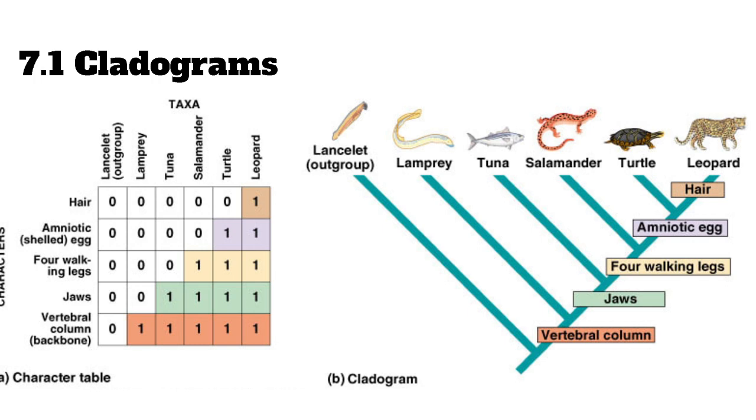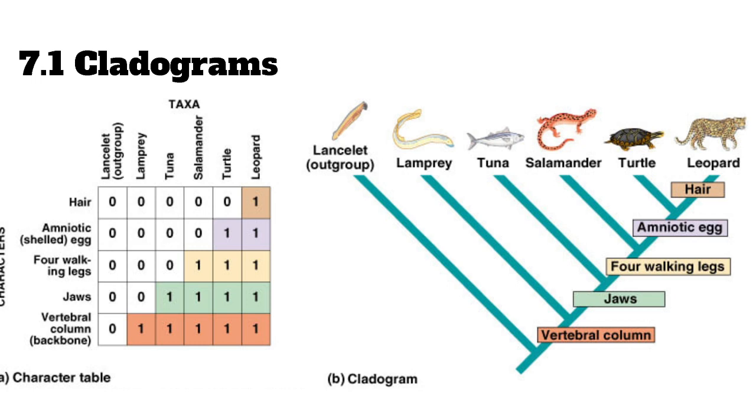The lancelet has none of them, right? So it's going to be what's called an outgroup or an outlier, right? You see it splits off before the very first trait is even mentioned, right? It's not related to these very closely at all, is what a cladogram will say, a phylogenetic tree will say, right?